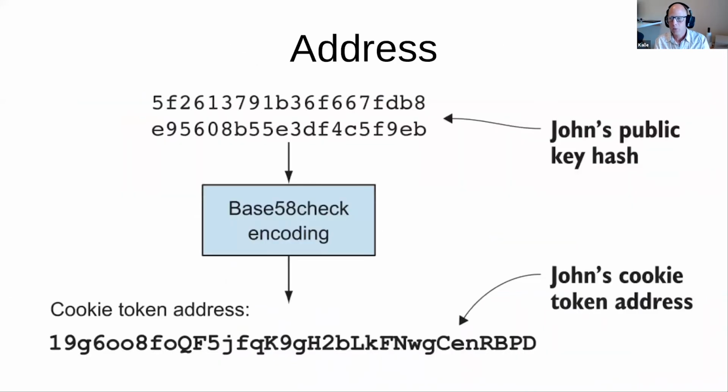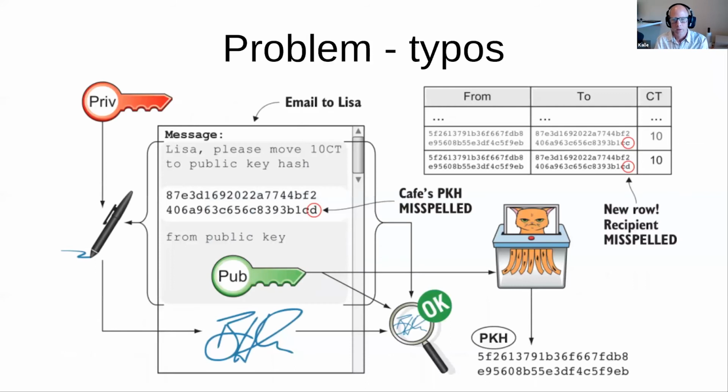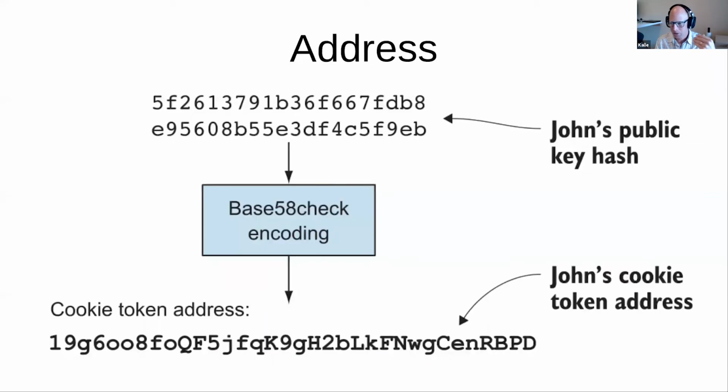So that's why we come up with something called addresses. An address is just a checksummed public key hash. So it works like this.